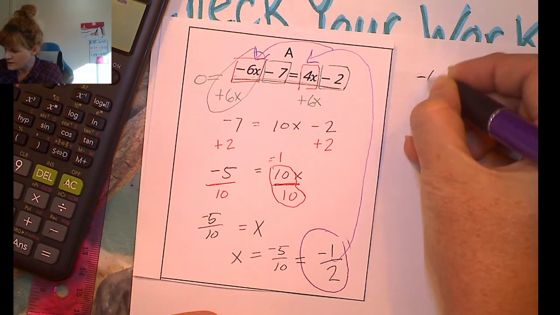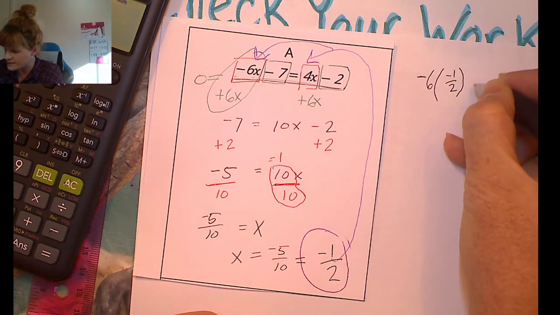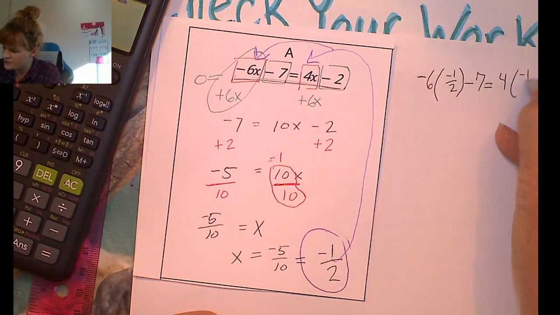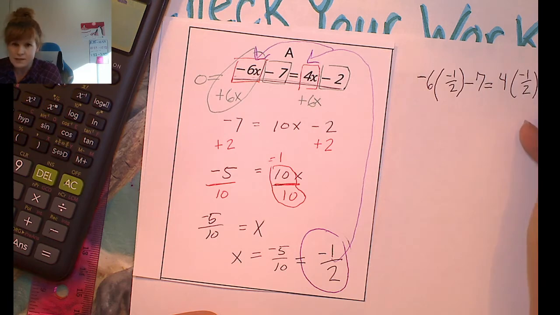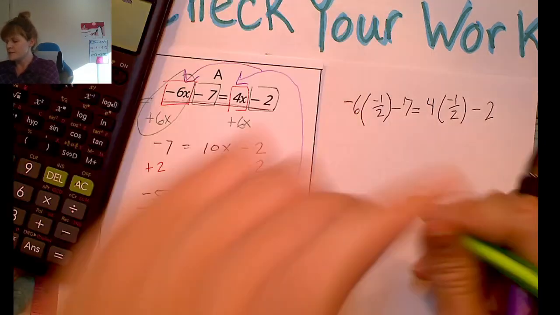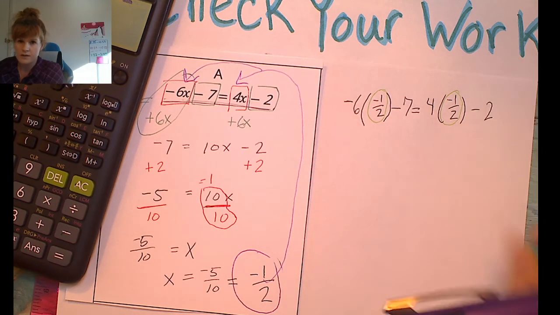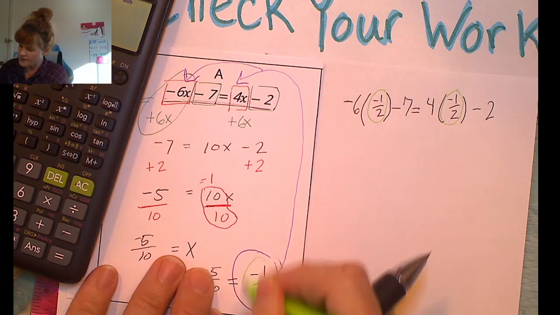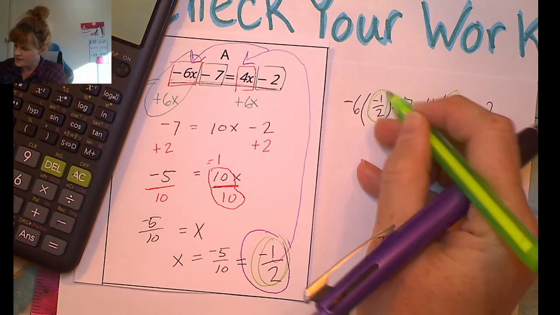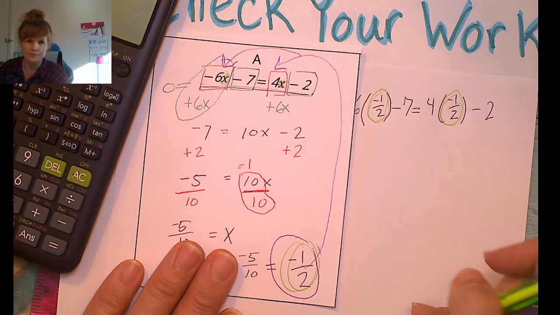So my equation is negative 6 times negative 1/2, that's the x, minus 7 equals 4 times negative 1/2 minus 2. I substituted in the value I got for x right here. Remember, I solved for x and I got negative 1/2. So I've substituted that number right back into my equation wherever the x's were.